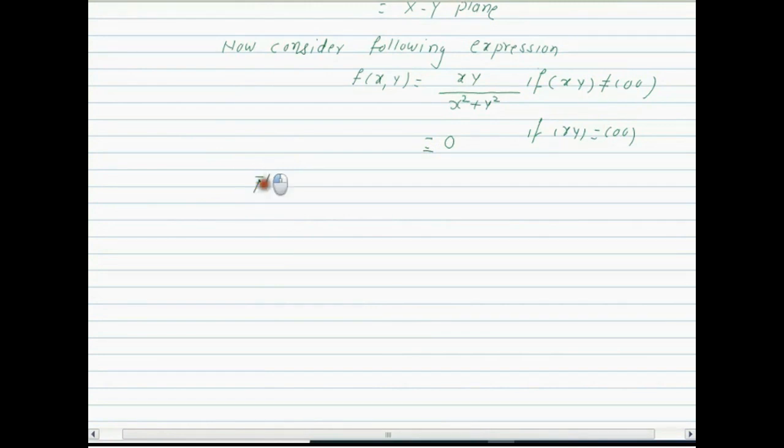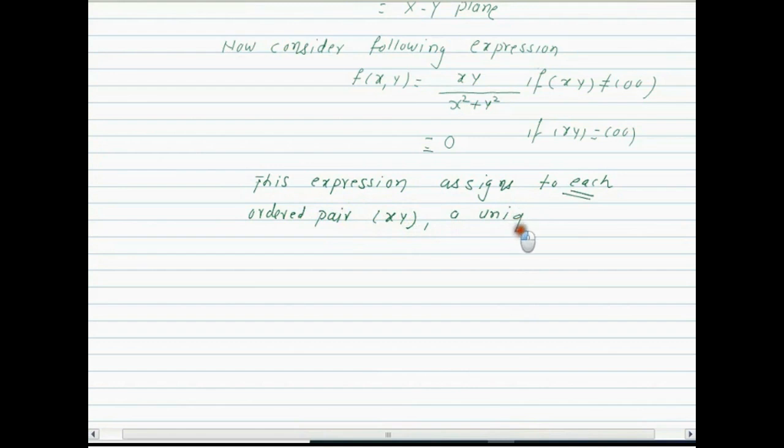This function, or this relation, assigns to each ordered pair (x, y) a unique real number. Take each ordered pair and you will get a unique real number.